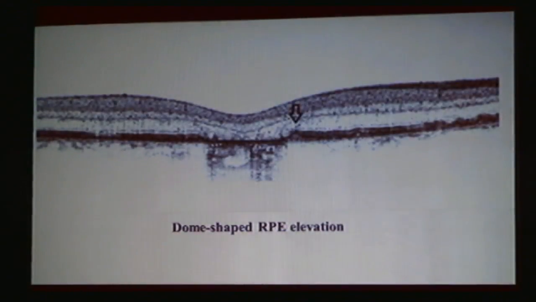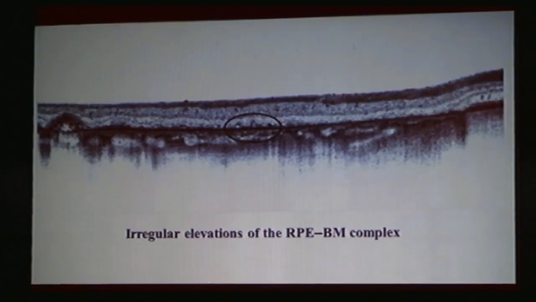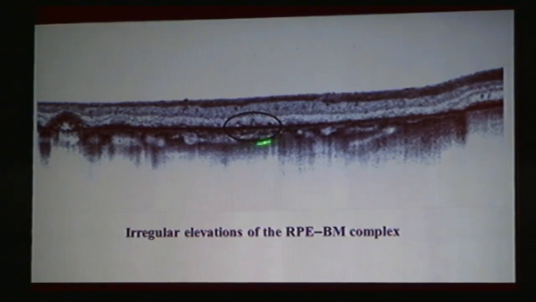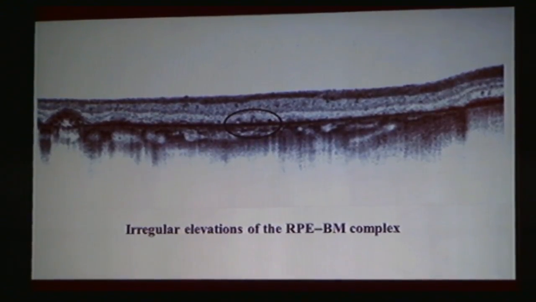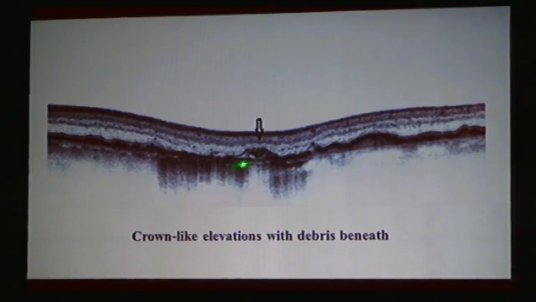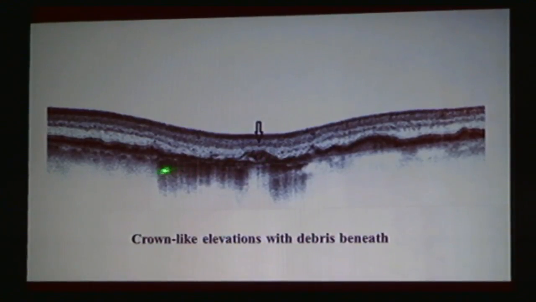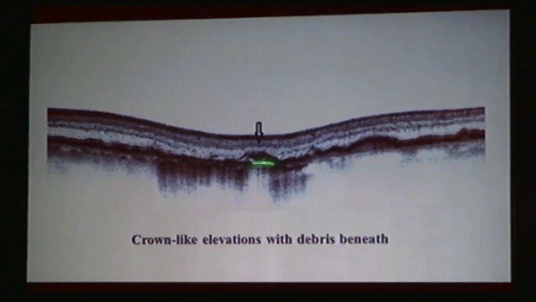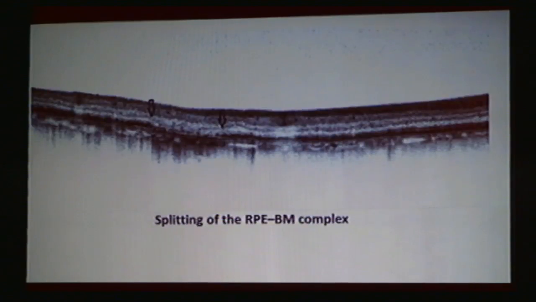Then irregular RPE elevations and the basement membrane. These are some of the terminologies being described nowadays with AMD. Sometimes you get crown-like elevations with debris. What is important to note is this area, the area of geographic atrophy within which they are describing these entities. Then sometimes you can have splitting of the RPE as well as basement membrane complex.